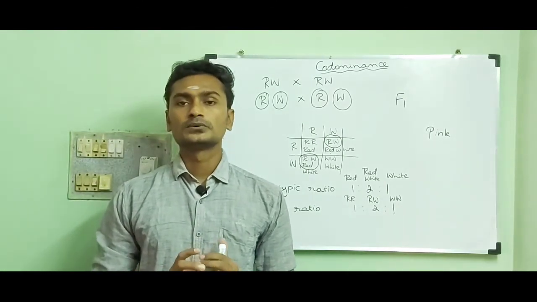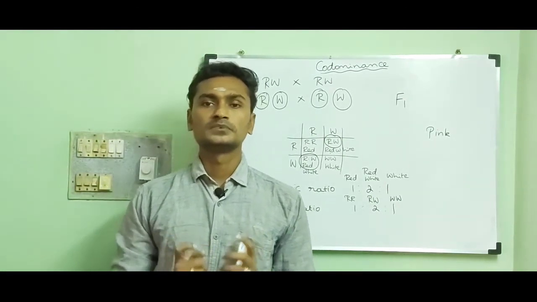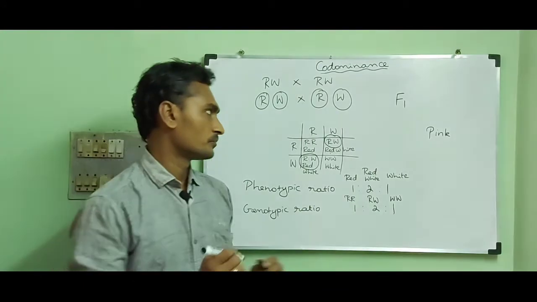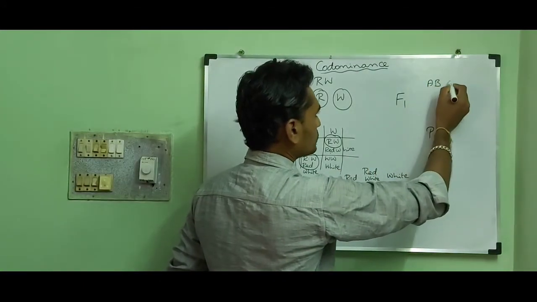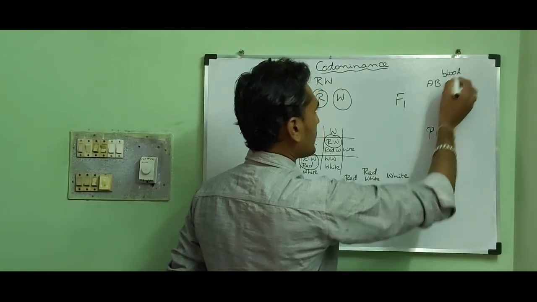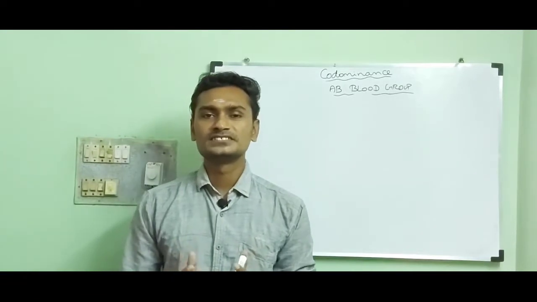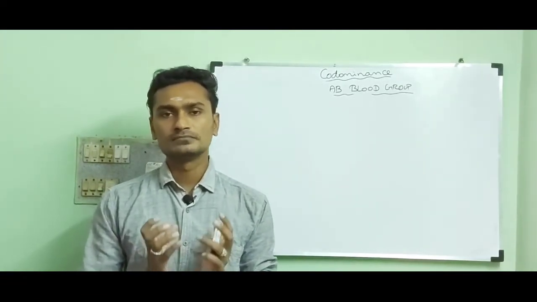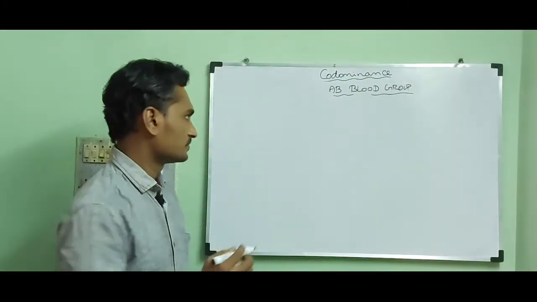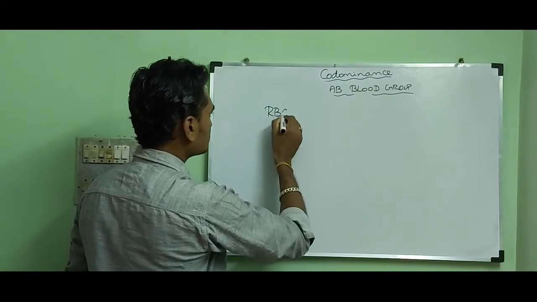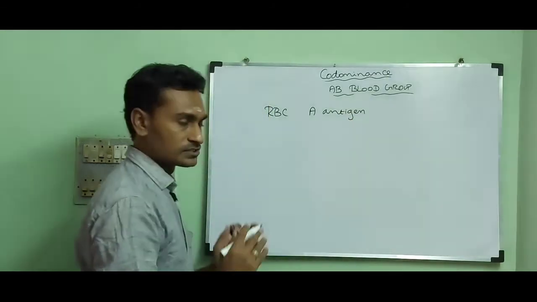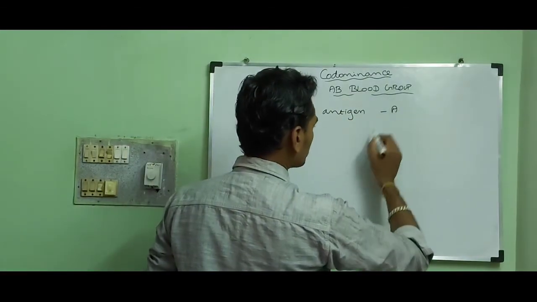Now I am going to explain another codominant example, the AB blood group. Can we identify an individual's blood group? In the blood, if the RBC contains A antigen, the blood group is said to be A blood group.